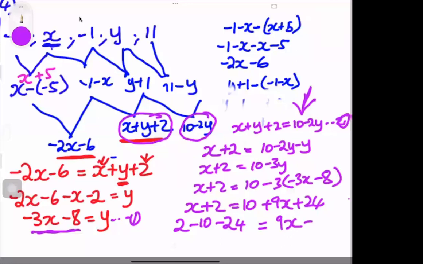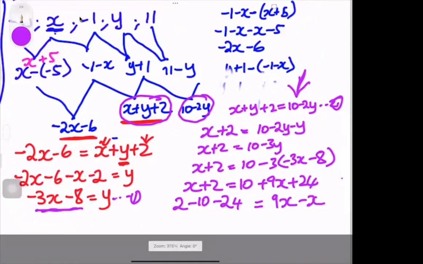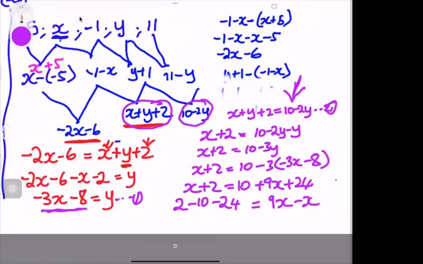Minus 8 minus 24 is minus 32. 9x minus x is 8x. Then you're going to make x the subject of the formula, divide both sides by 8. Therefore, negative 32 divided by 8 is equal to negative 4. X is equal to negative 4.